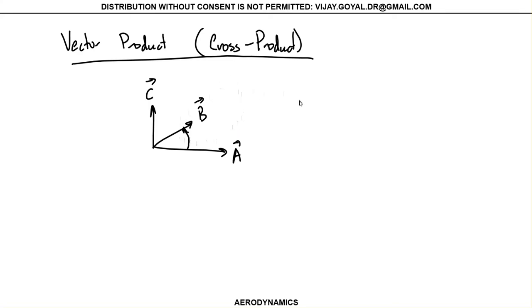A cross B produces a vector C that's 90 degrees to the surface that's enclosed by the A and B vectors.